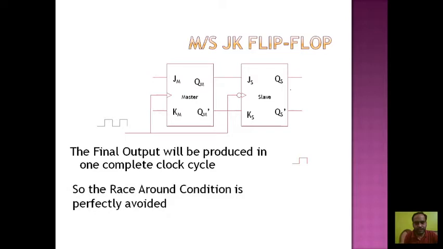So there is no question of multiple triggering in the same clock cycle, as a full clock cycle is required for the complete output. So we get a perfect solution to the race around condition using this master slave flip flop.